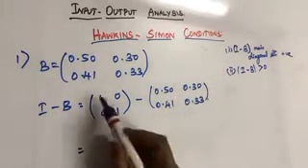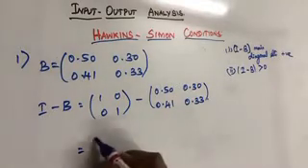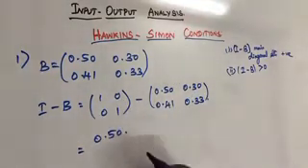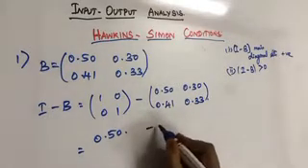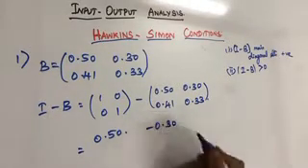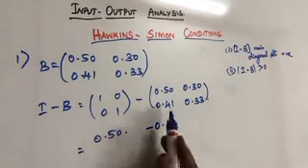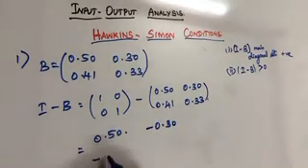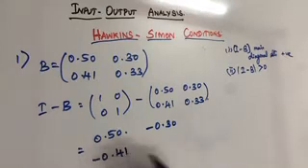Subtract 1 minus 0.50, it is 0.50. 0 minus 0.30, so it is minus 0.30. Here 0 minus 0.41, so minus 0.41.